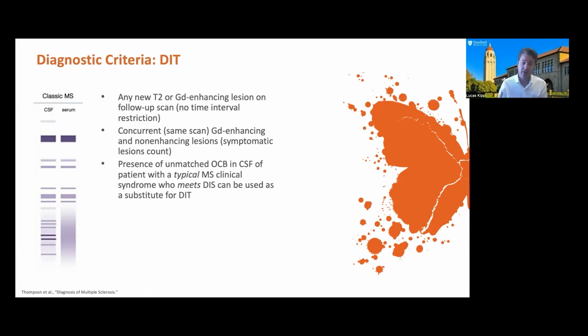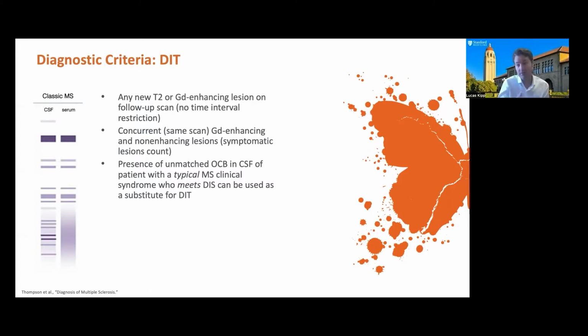Now, there are some situations where the patient has a typical clinical syndrome like transverse myelitis. You go to their MRI and they've got a spot in their spinal cord and they've got a whole bunch of regions of their brain involved, but the MRI wasn't done with contrast. So you can't quite get to dissemination in time, but you think this patient's got to have MS, and I don't want to wait to do another MRI 3 months from now to see if a new spot shows up, because the earlier we make the diagnosis and put people on treatment, that confers better long-term outcomes.